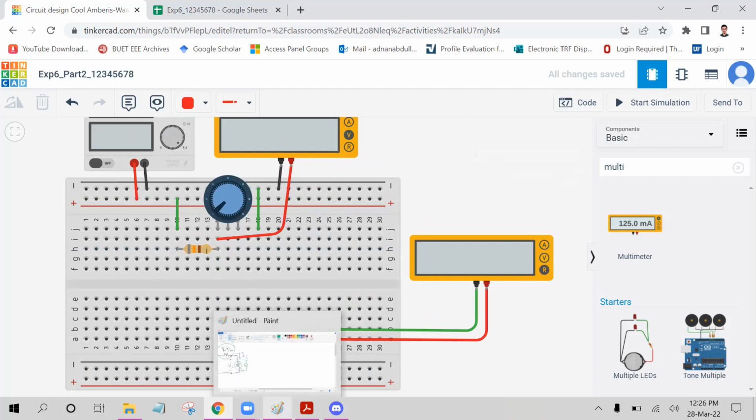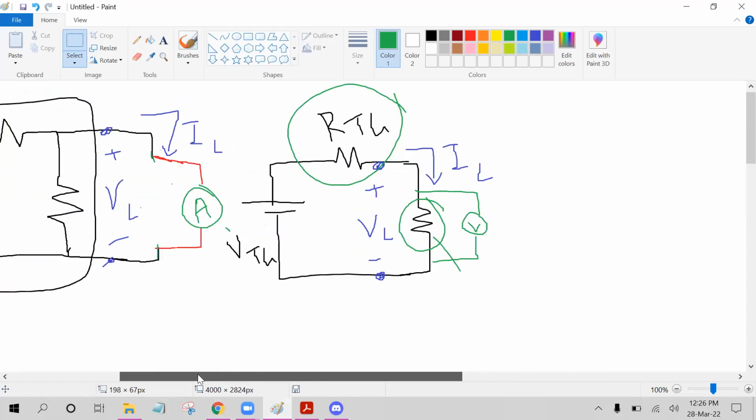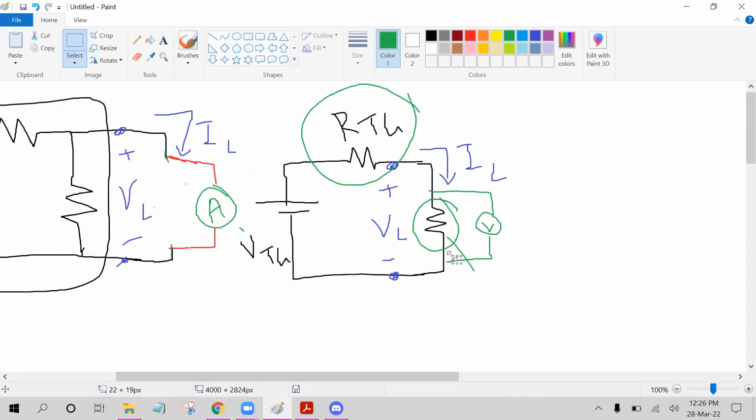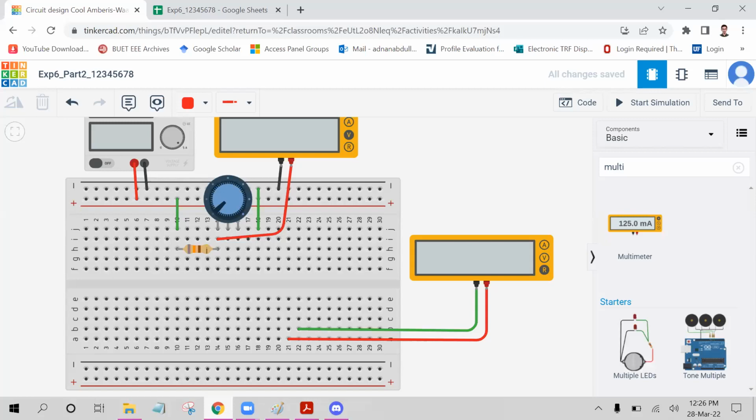And what should be the connection with the negative terminal of the source? With which terminal of the potentiometer do we need to connect the source? Someone? The wiper. Exactly, this one, the wiper. So this wire is serving no purpose for now. I am going to delete it and connect a wire from the wiper to the negative terminal.